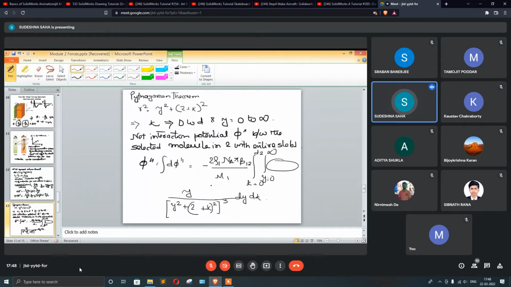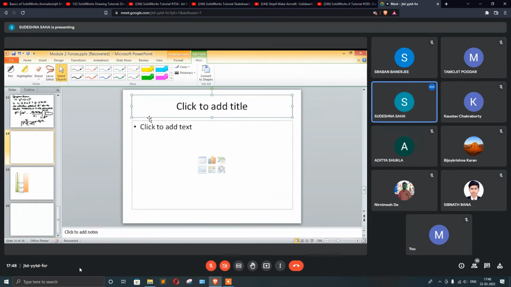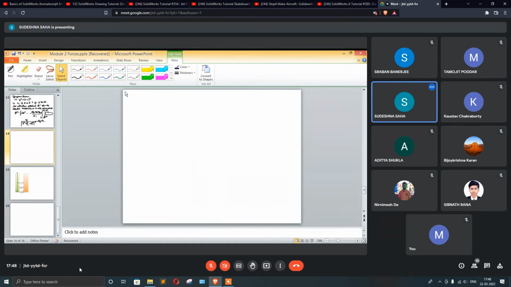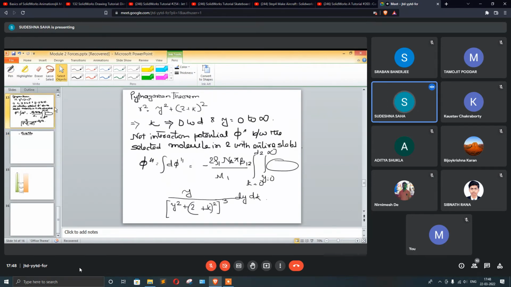This you can write further. This will basically be equal to 2 into rho 1 Na pi beta 12 divided by m1, okay, there is a minus, I forgot to put it over here.